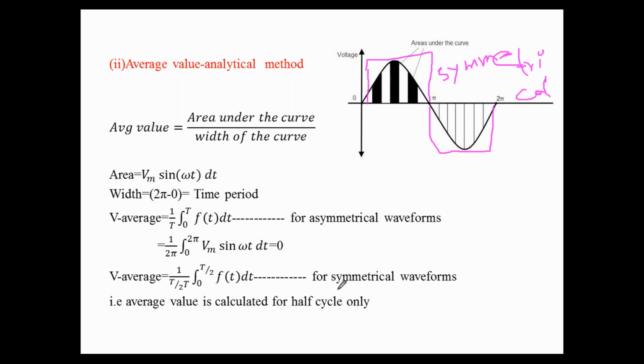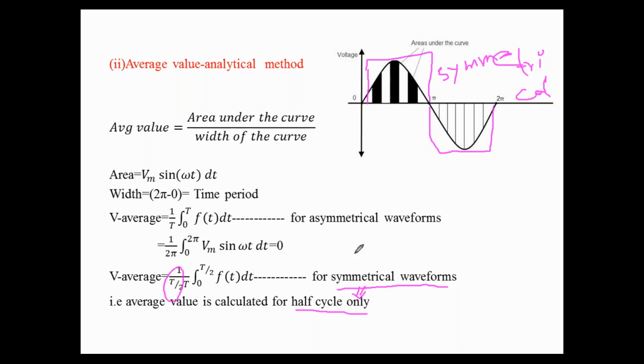So for that reason, this formula is slightly modified for symmetrical waveforms as T by 2, so that we calculate the average value for half cycle only for symmetrical waveforms.